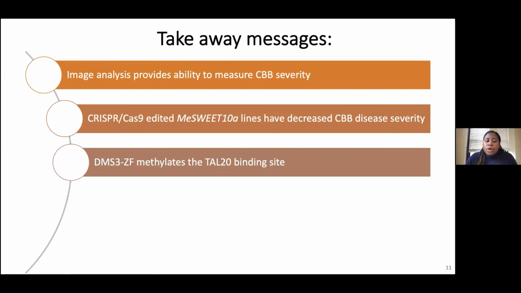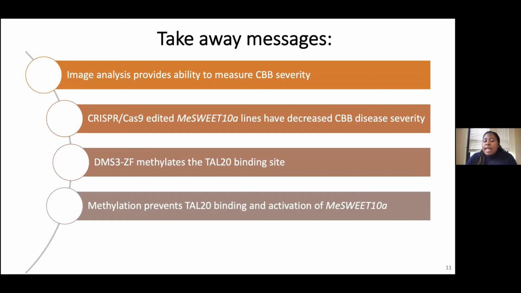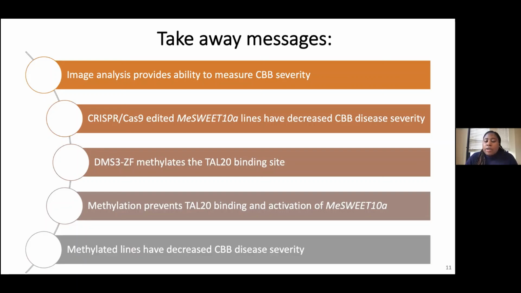We've also shown that the DMS3 zinc finger technology is able to methylate the Tau20 binding site, and that this methylation prevents Tau20 binding and activation of MeSWT. And also using the image analysis method, we see that the methylated lines have decreased disease severity as well.